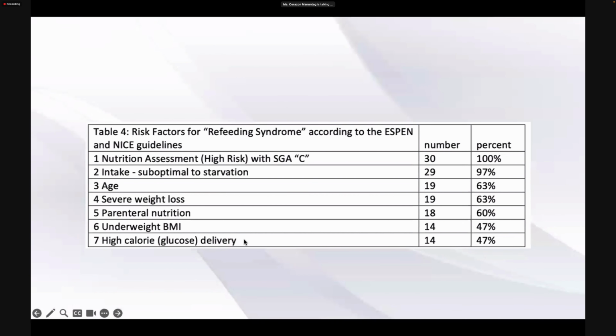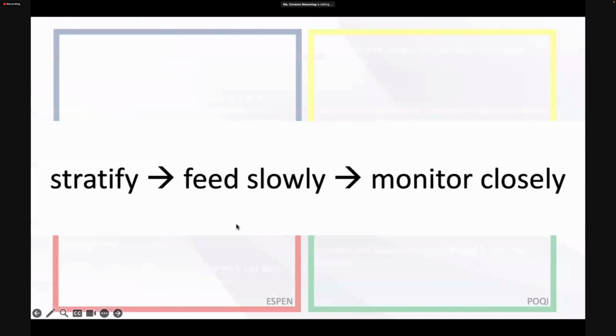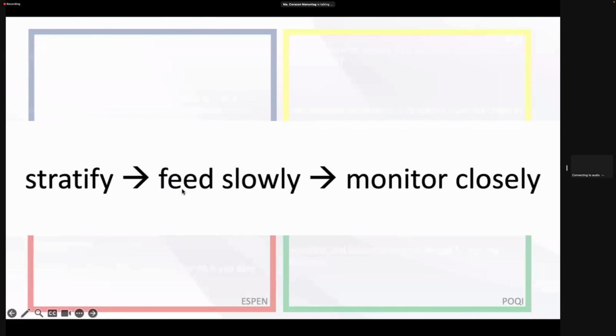Refeeding syndrome is delivery of too much, too fast, leading to metabolic irregularities that may spell cardiac complications for your patients. So, ideally, we have to stratify whether your patients are at risk for refeeding to fine-tune the delivery of nutrition, especially for the early days post-operatively. So we stratify, we feed slowly, we are not in a hurry. We have your 3-day mark and 7-day mark, and then we monitor closely.